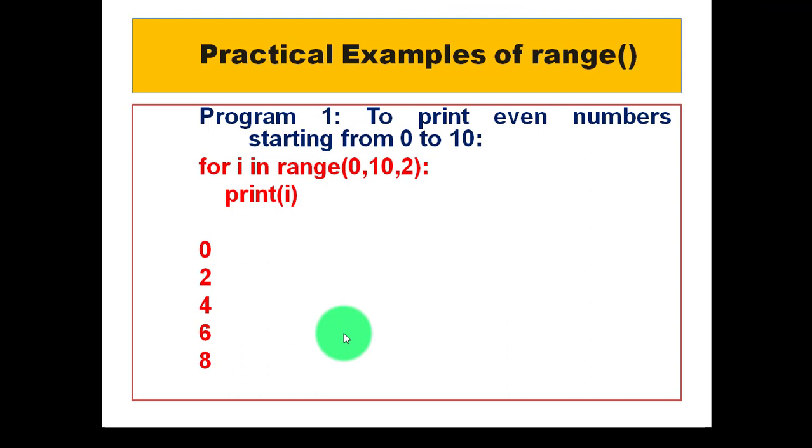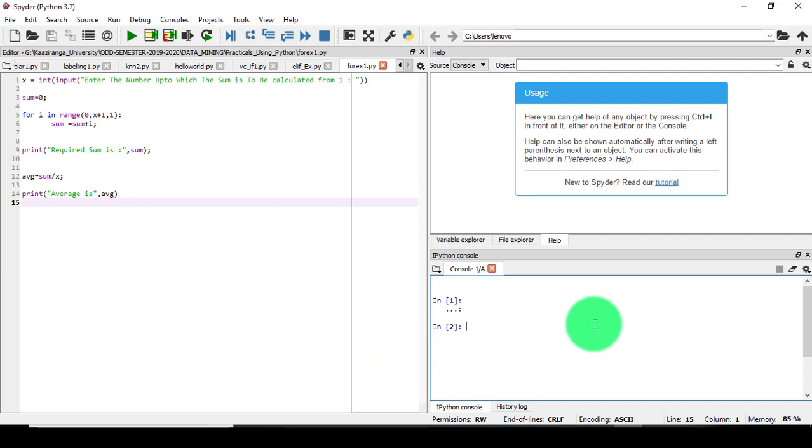So open your Python Spyder IDE. What I have said, I need to print, say, for i in range 10. Can you tell me what it would print? Of course, here n means stop is 10.